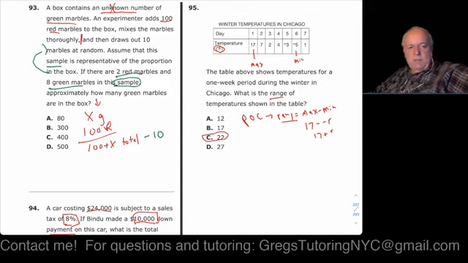So this one just comes down to if 2 are red out of 10, then 8 are green, because 10 minus 2 gives 8. Out of the sample size, if 2 are red, then 8 are green. That's really what they're asking there.